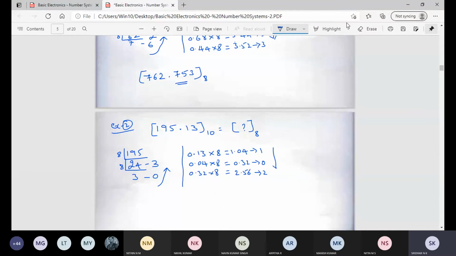The final answer will be correct in octal. Is it correct? Yes, sir.